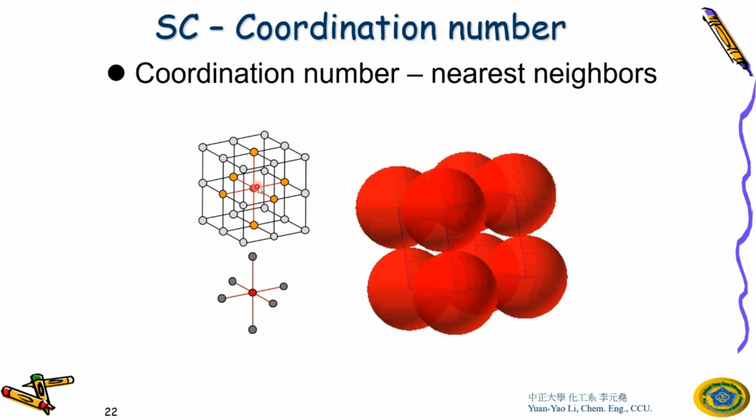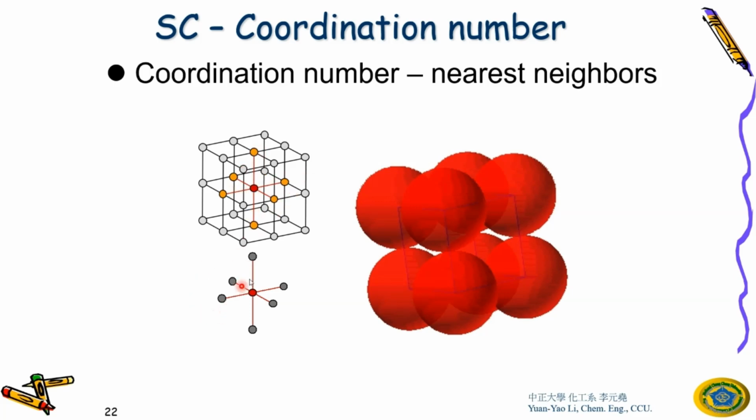For example, if you use this red sphere here, there are 6 atoms which are the nearest or closest to this atom. They are this one, this one, this one, this one, this one, and this one.